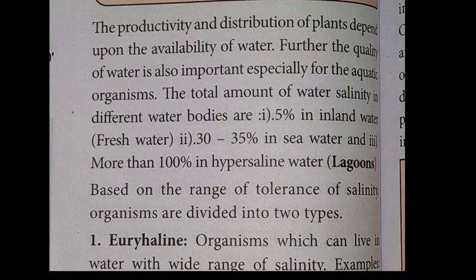The total amount of salinity in different water bodies is 5% in inland water, that is fresh water, 30 to 35% in sea water, and more than 100% in hypersaline water, that is lagoons.